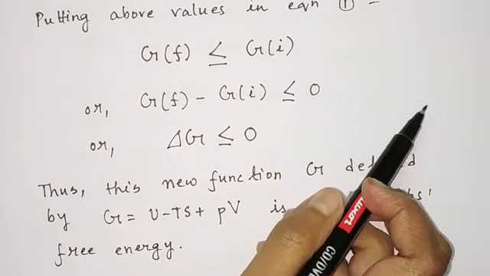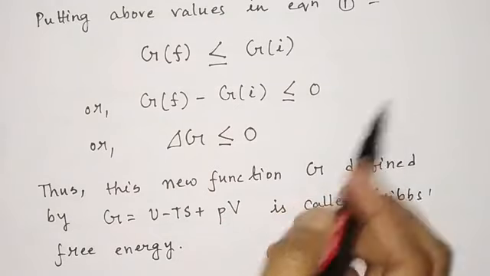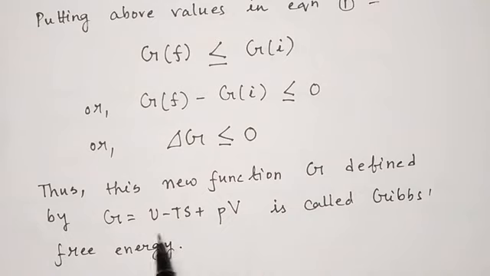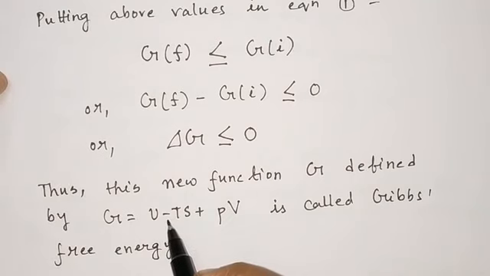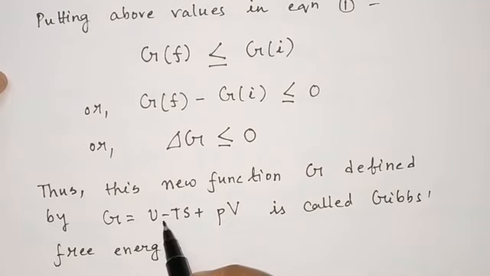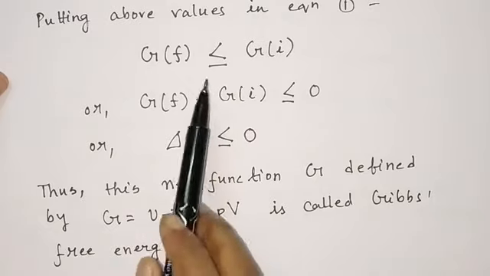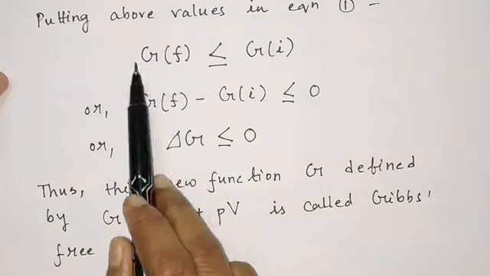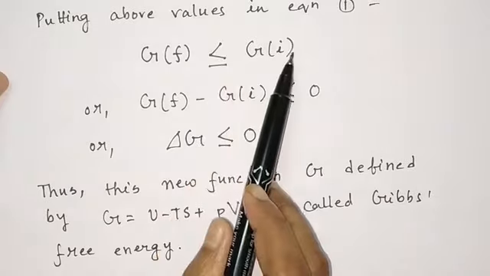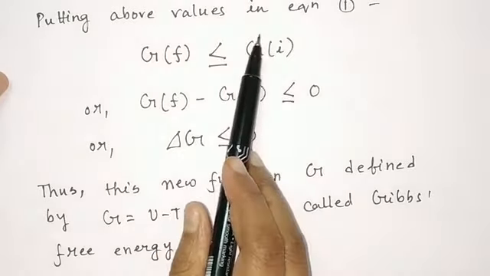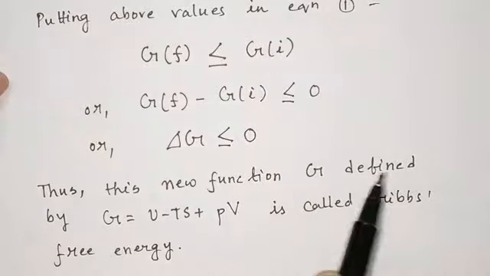If you remember, we define this Gibbs free energy G for a thermodynamic system which is at constant temperature and constant pressure. That is, any process the system undergoes has to be isothermal and isobaric. So for any isothermal and isobaric process, the Gibbs free energy for the final state cannot exceed the Gibbs free energy of the initial state.